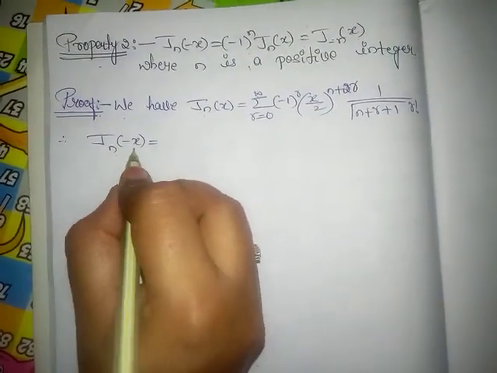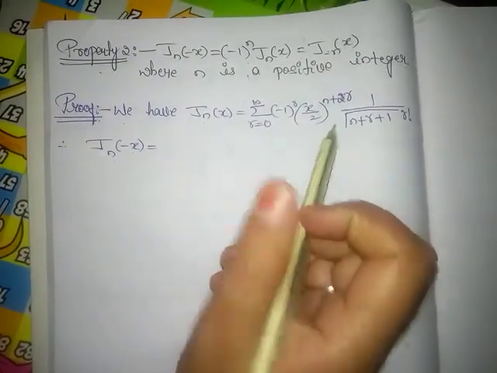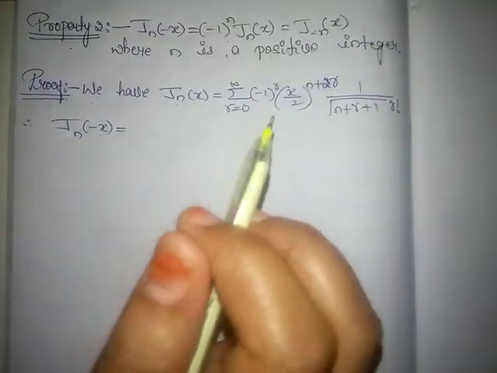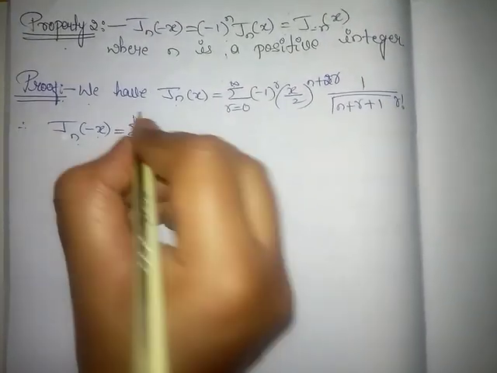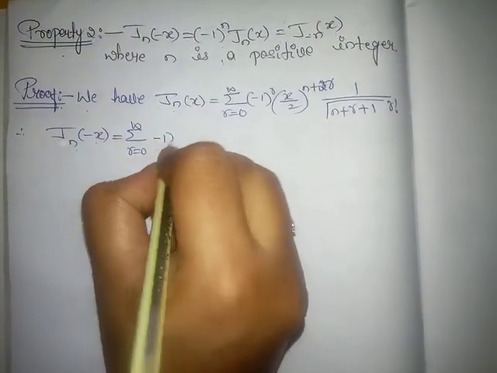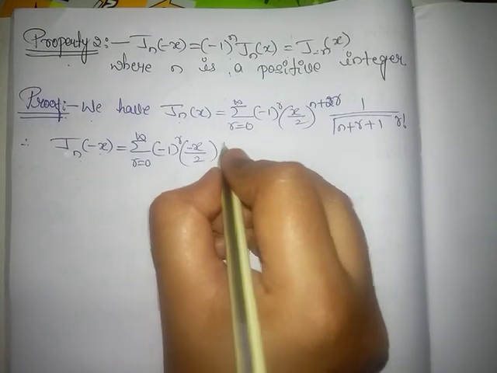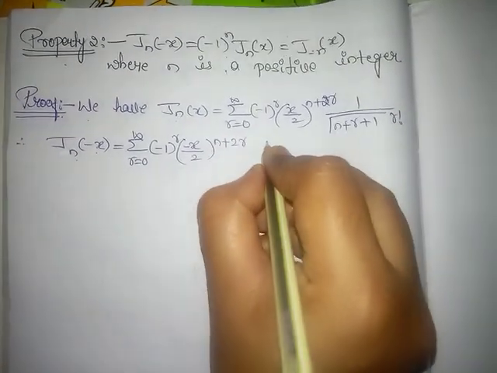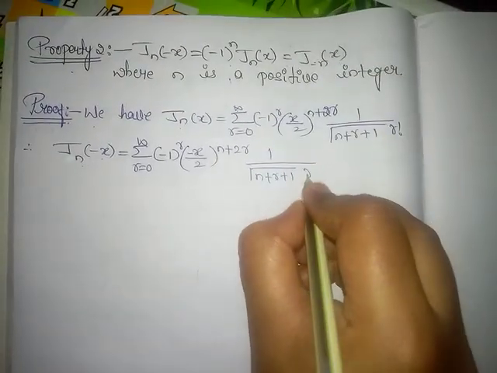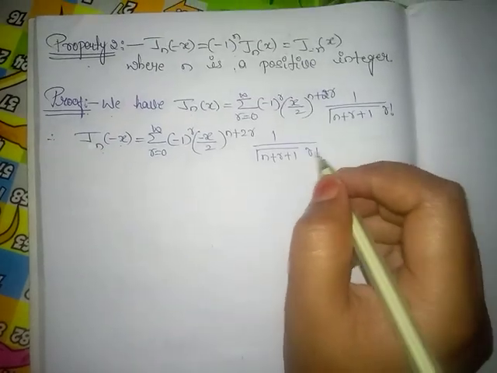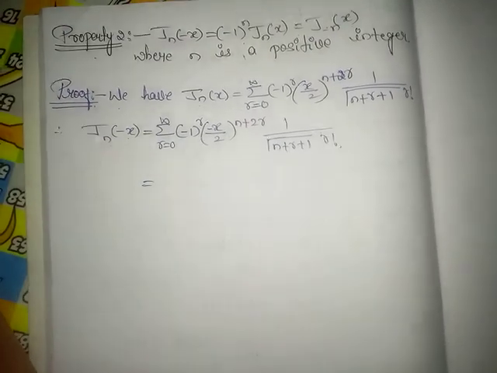Therefore, I am taking Jn of minus x. Simply, wherever x is there, you have to substitute minus x. So summation r running from 0 to infinity minus 1 raised to r, minus x by 2 raised to n plus 2r into 1 divided by gamma of n plus r plus 1 into r factorial. Next, simplify this one.